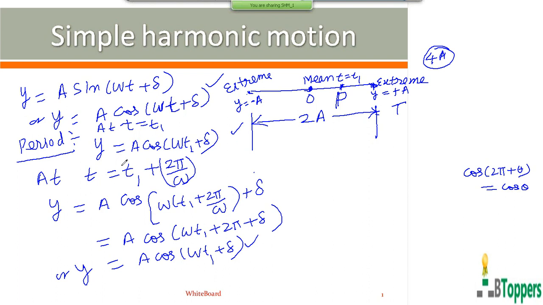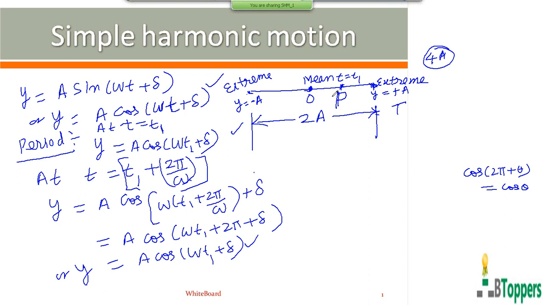I mean the displacement of the particle at the instant t equal to t1 plus 2 pi by omega will be the same as the displacement of the particle at the instant t equal to t1. And you can also show that the velocity of the particle at the instant t equal to t1 plus 2 pi by omega is the same as the velocity of the particle at the instant t equal to t1, both in magnitude and direction. That means the motion repeats at regular intervals of time 2 pi by omega.